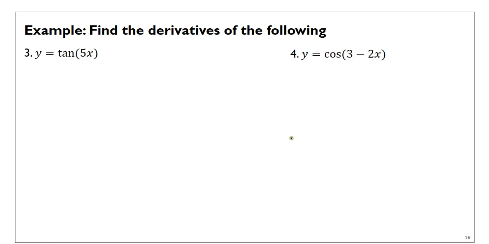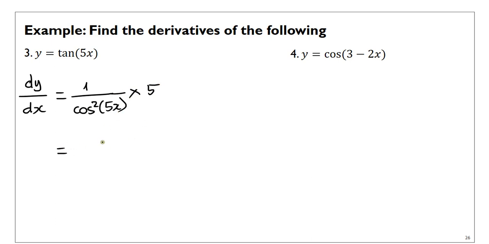So let's move on to example 3. I think the main issue people have with the derivative of tan is that they don't remember what it is, but it follows the same principle as the derivative of sin and cos. So the derivative of tan is 1 over cosine squared. So you're going to have 1 over cos squared 5x. Once again, do not change the angle, and then multiply with the derivative of the angle, which is 5.